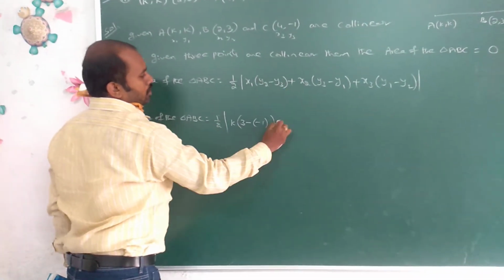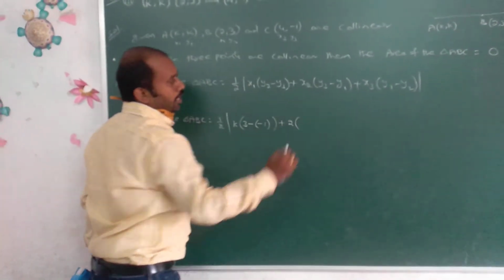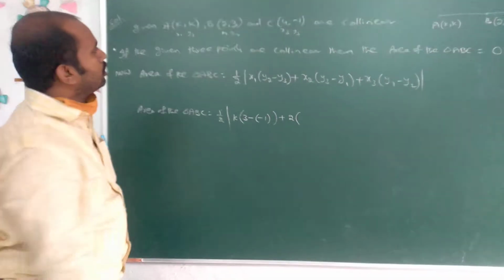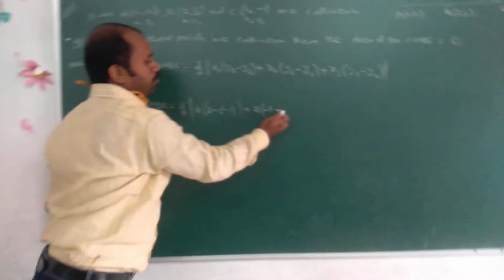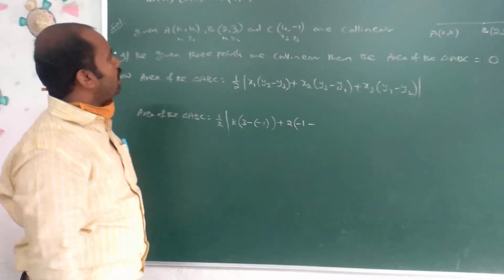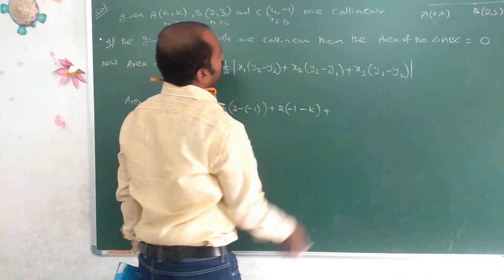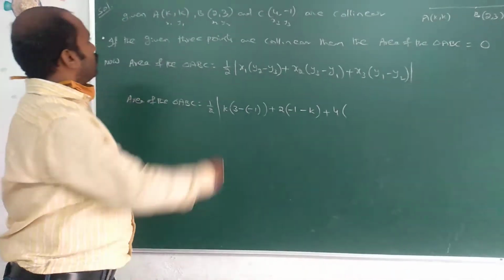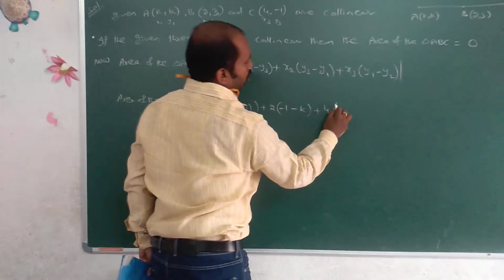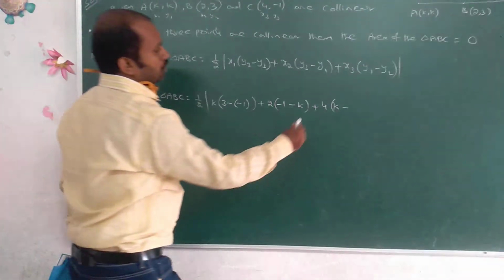Next plus x2. x2 means 2. Next y3. y3 means here minus 1, y3 minus y1. Again y1 value, y1 is equal to k. Plus x3. x3 value is 4. y1 means k minus y2. y2 means 3.